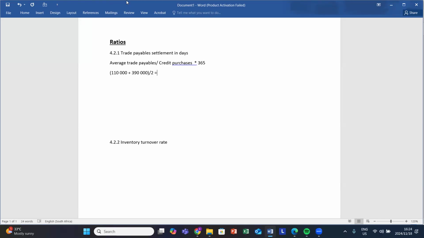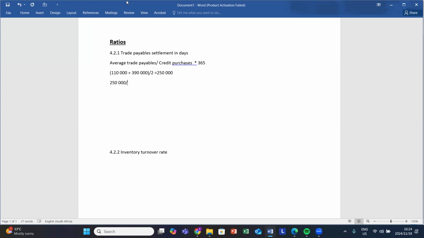So we say 110,000 plus 390,000, and the answer that we get, we divide by 2. So we get 250,000 rand. So 250,000 rand is our average trade payables. Your formula says that you should divide by credit purchases.